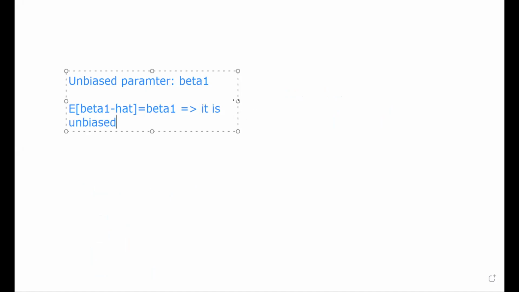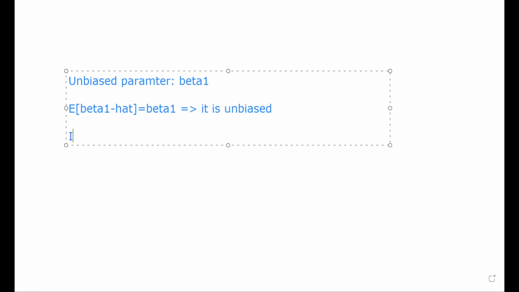However, if the expected value of beta 1 hat is not equal to beta 1, that means it is biased.